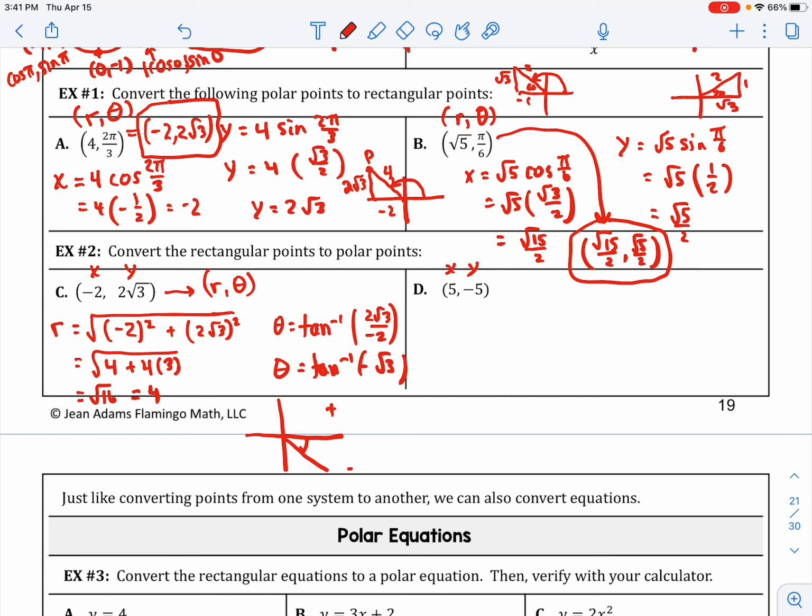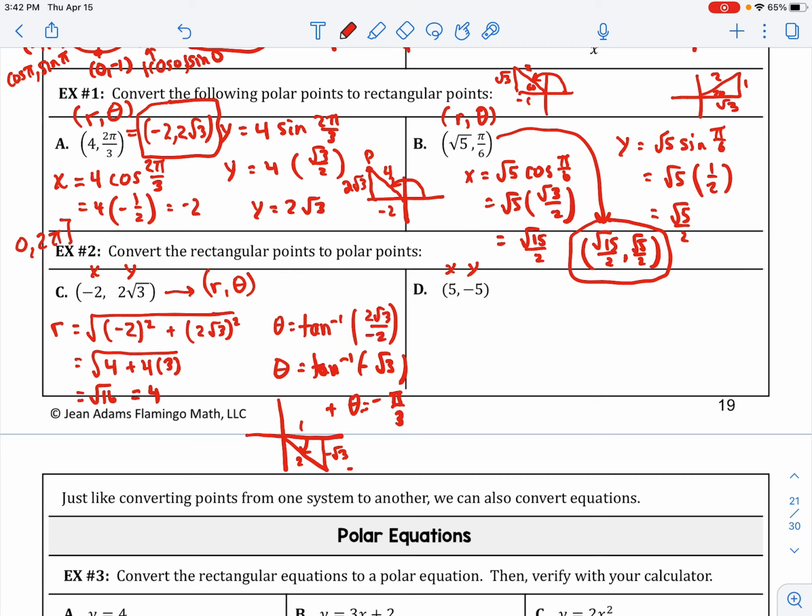And so typically I would be going this way, and I would be looking for the opposite over the adjacent. So this would be a 2, and this would be a negative 60-degree angle. So our theta would be equivalent to negative pi over 3, sorry.